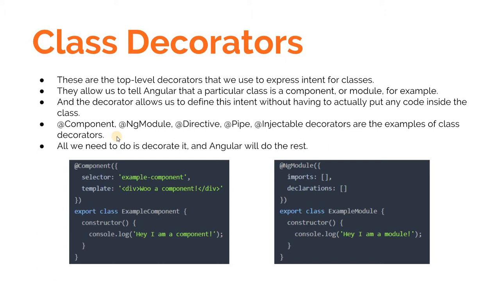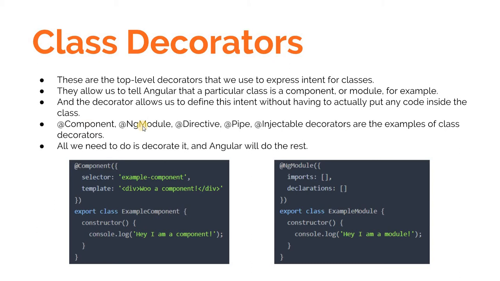And we have these many class decorators in Angular: a Component decorator, an NgModule decorator, a Directive decorator, a Pipe decorator, and an Injectable decorator. The Component decorator helps us specify an intent to Angular that this particular class is going to be a component.